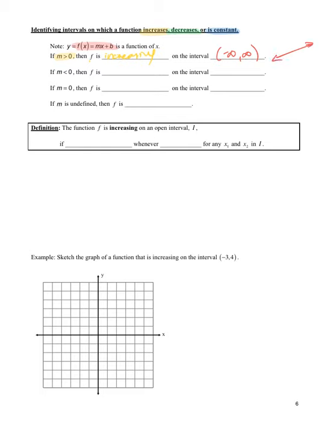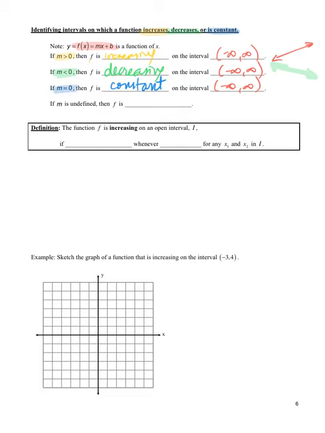We say a function is decreasing, again on an open interval, if the slope of the line is less than 0, negative slope. Makes sense. And we say that the function is constant, again on this open interval, negative infinity to infinity, if the slope of the line is 0.